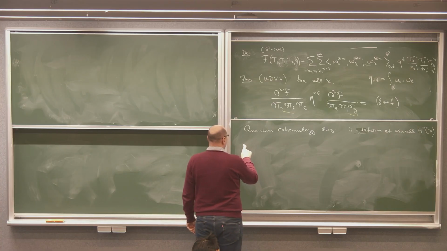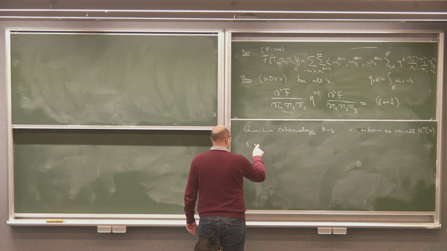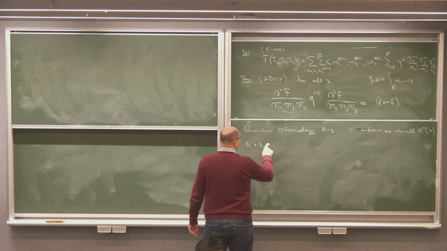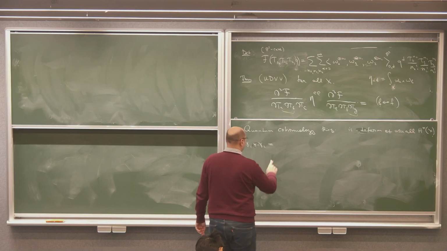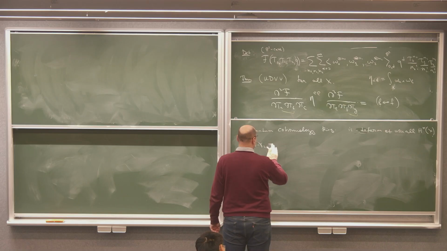of the usual cohomology ring. And the idea was that the quantum cohomology product was given by the following formula.